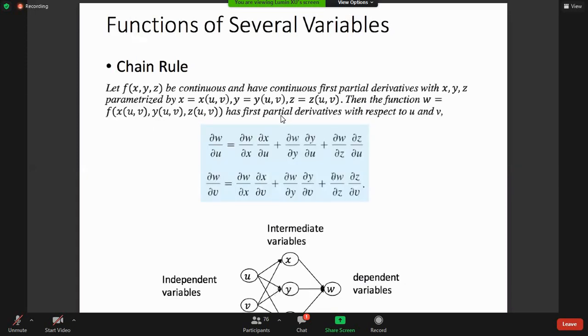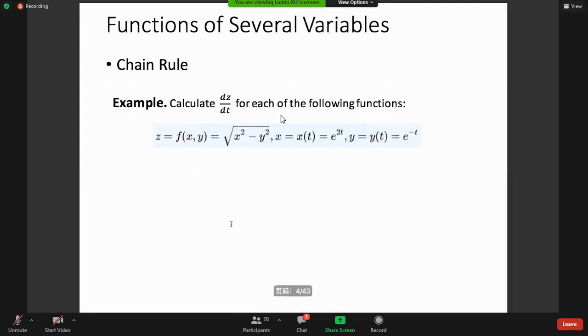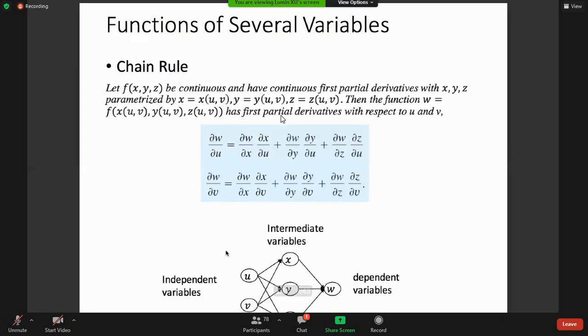According to the definition, for example, look at these two equations. They both use partial w partial u, where w is the dependent variable, and u and v are independent variables. But in this example, it uses dz/dt because there is only one independent variable, right? Only if there is more than one independent variable do we use partial w partial u, or partial w partial v.